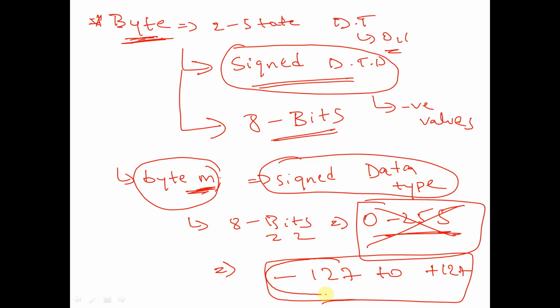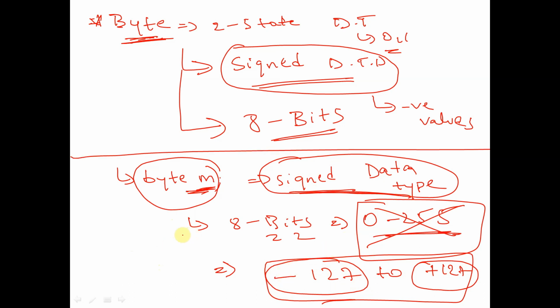So here we should be careful because it is a signed data type, so we can represent negative values also. So is this clear? Generally, we will give the answer from 0 to 255, but since it is a signed data type, we can represent from minus 127 to plus 127.